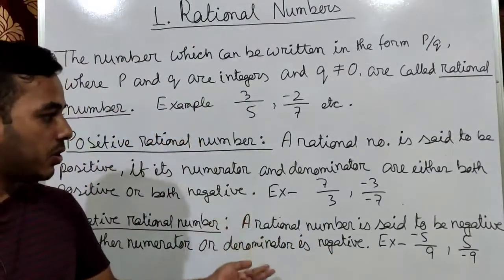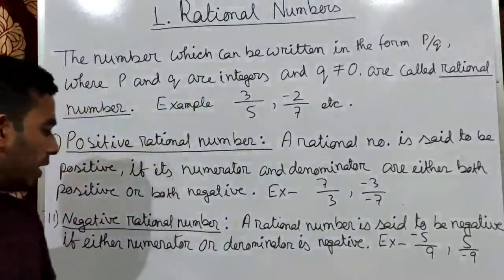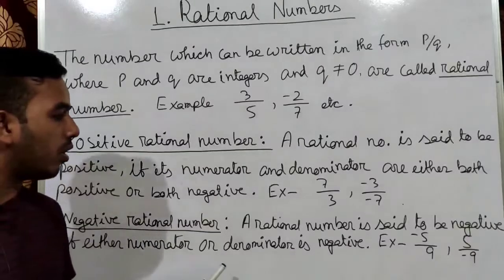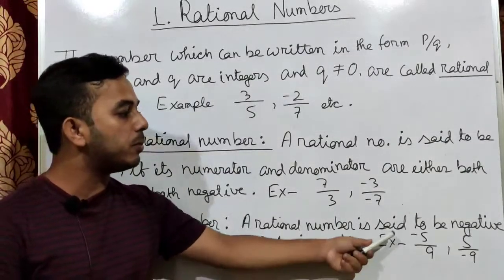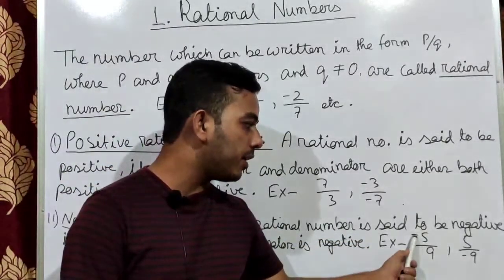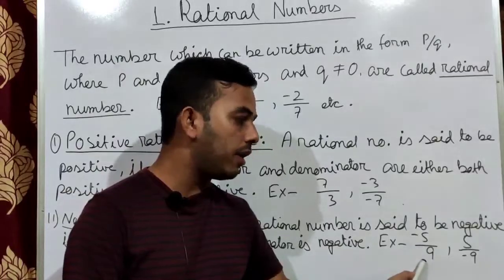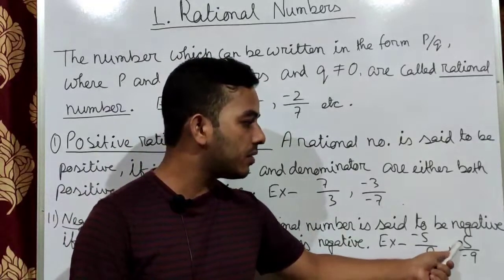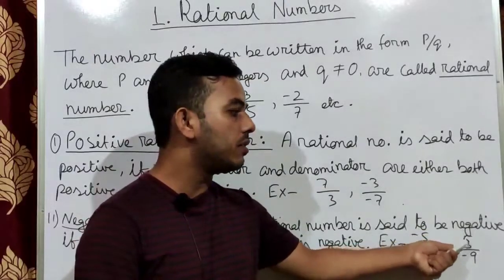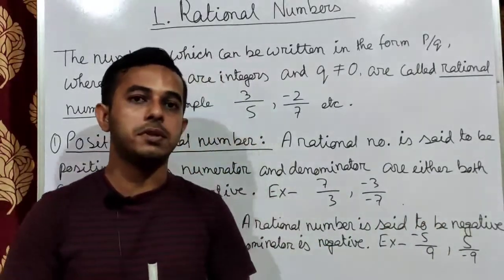Example, minus 5 by 9. Here numerator is minus 5, negative, and denominator is positive, but in this case numerator is positive and denominator is negative. So this is known as negative rational numbers.